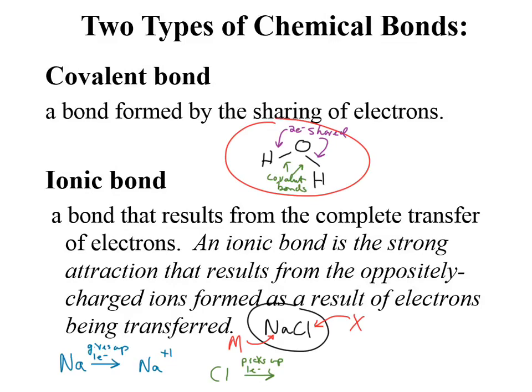Chlorine with an extra electron now has 18 electrons and 17 protons. So now it has a surplus of electrons, specifically 1 extra electron, so it's a -1. I kind of think of it as stepwise.